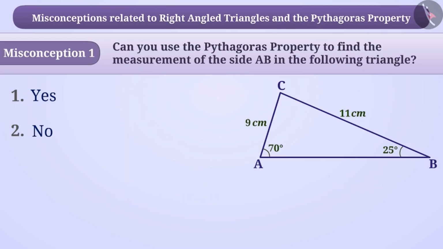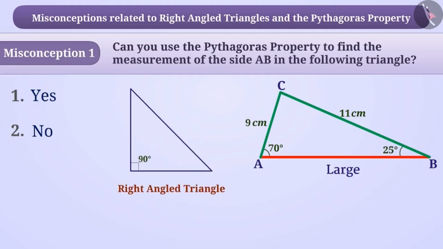They think that here, one side is greater than the remaining 2 sides, or sometimes it is not given in the question. But just by guessing, they consider that the triangle is a right-angled triangle. They think that Pythagoras property can be used in both these situations. But due to this misconception, they give the answer as option 1, which is an incorrect answer.